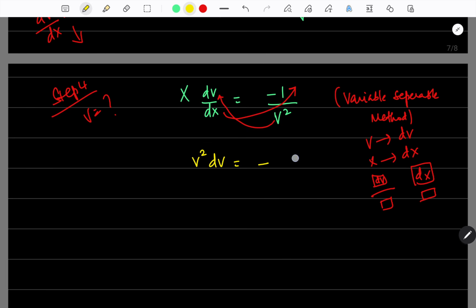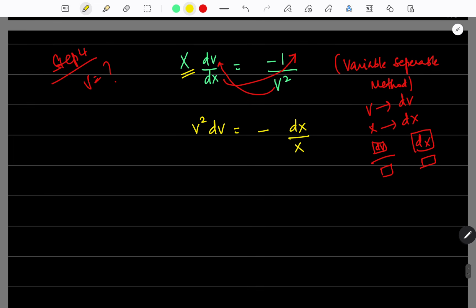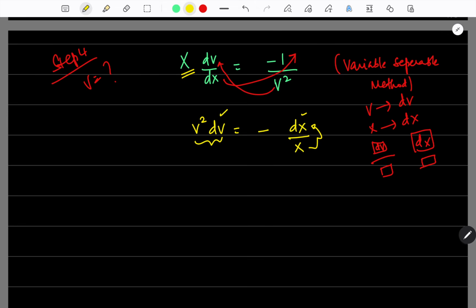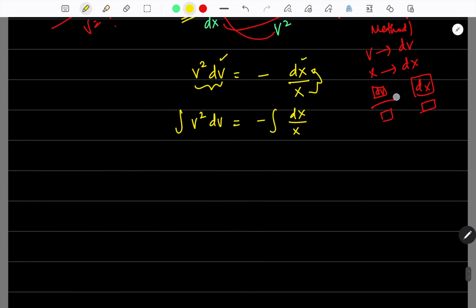And then the dx is going to the top, x is already in the top, it comes down as dx by x. Now we are going to integrate. Before that, just check: v with the dv, x with the dx, and dv and dx are in the numerator. So integral v squared dv is equal to minus integral dx divided by x.